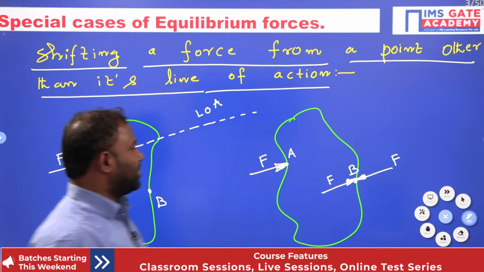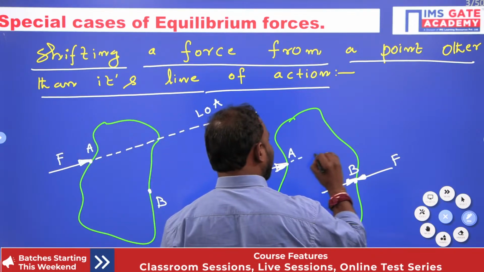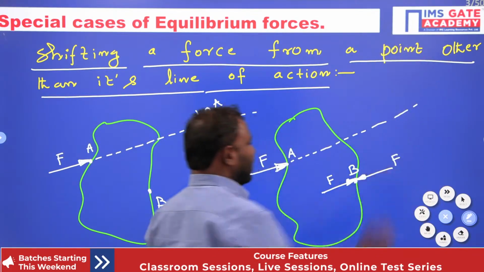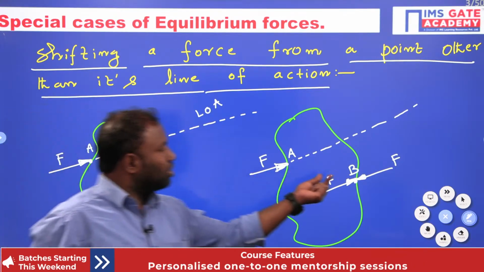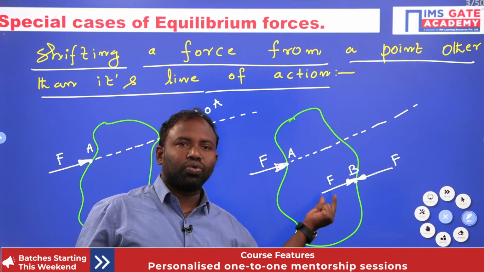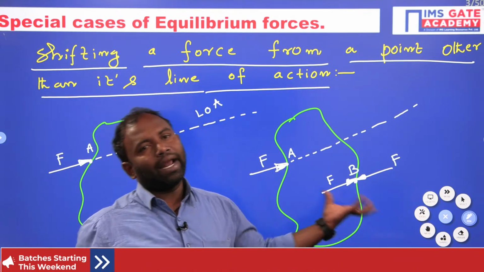Now this is the line of action of the force. On the same body at B, I use two forces which are equal in magnitude and opposite in direction.